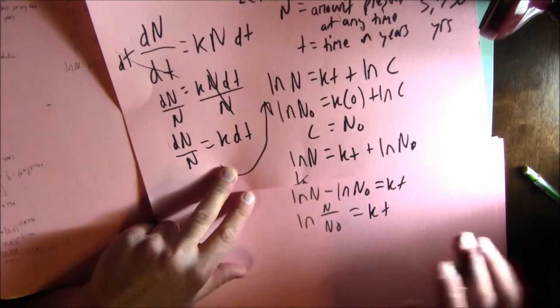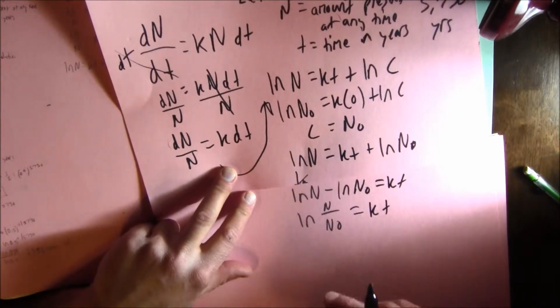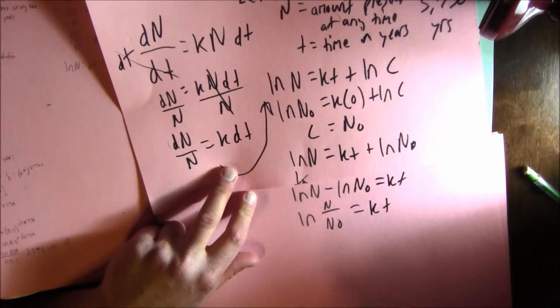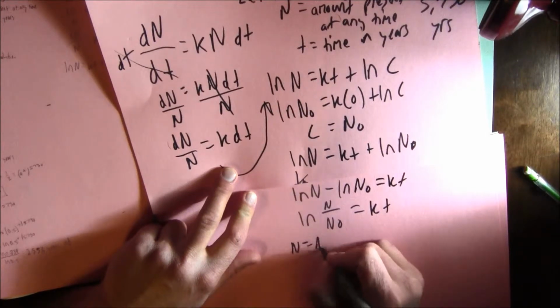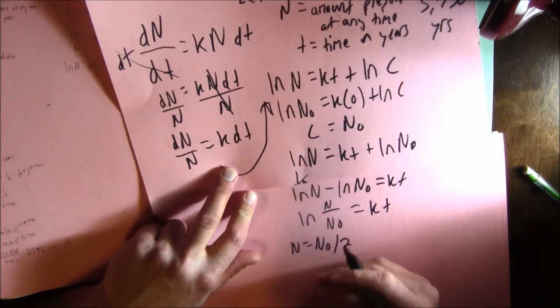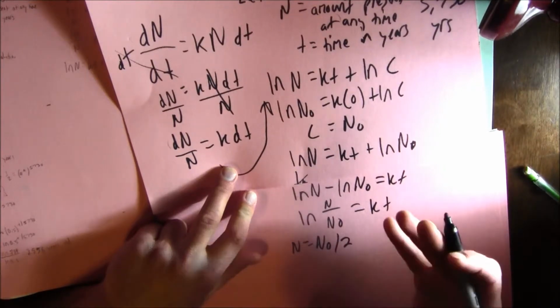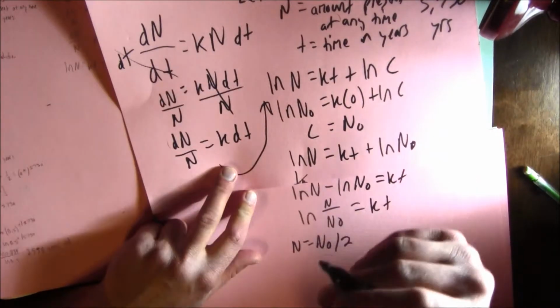Don't forget, the whole thing here is that we're using the condition that half of carbon-14 decays in 5,730 years. Which gives us N equals N0 divided by 2, the half-life, when t equals 5,730. We already did it up there.